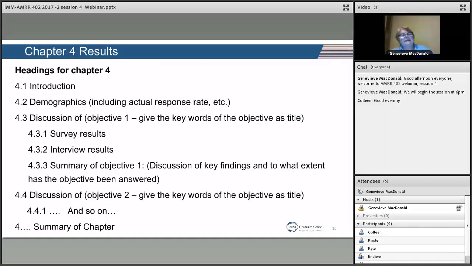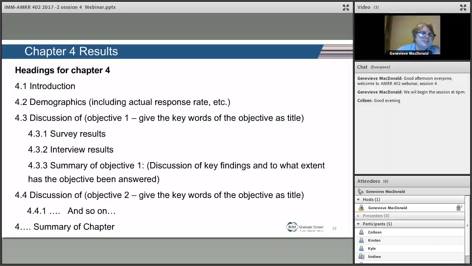If you look at the headings for chapter 4, as for every chapter that you have done, you start with the introduction that recaps what the research is about. You can give the problem statement and the research objectives again, because you will be reporting the results per objective.